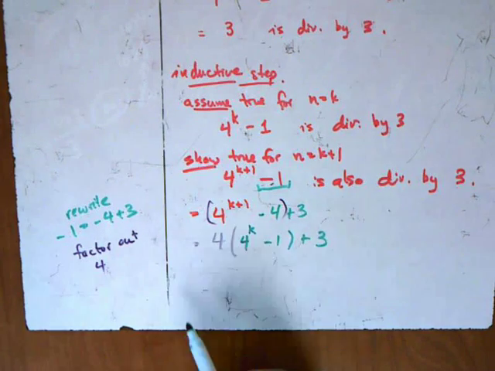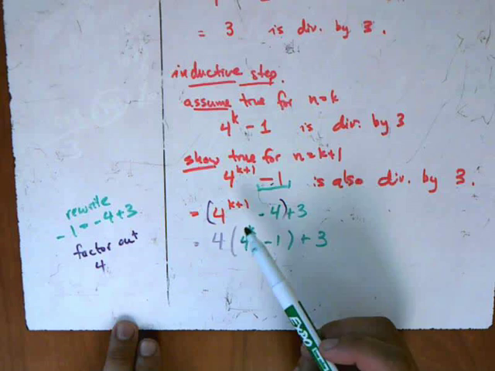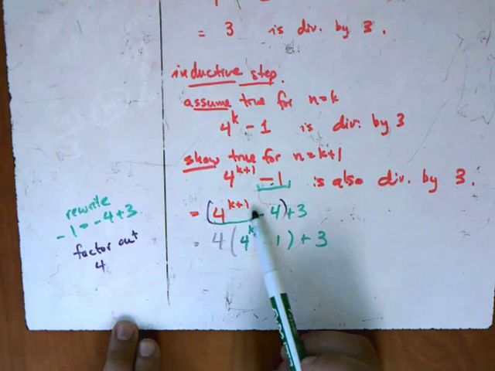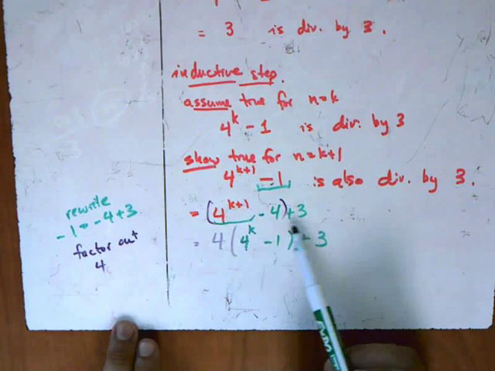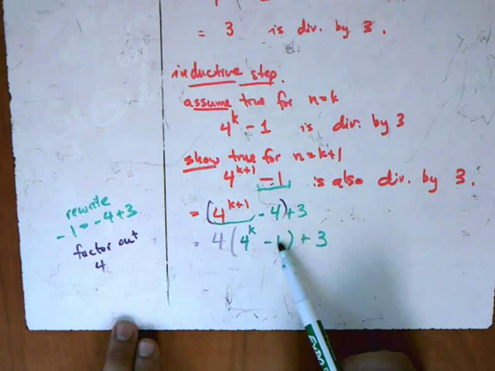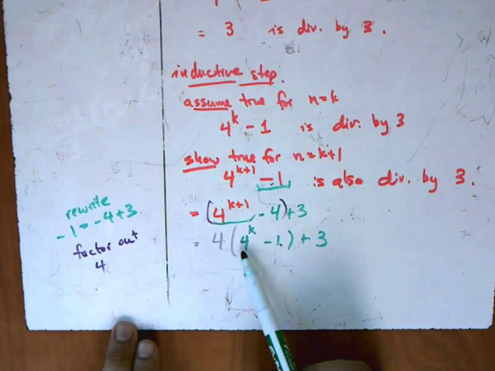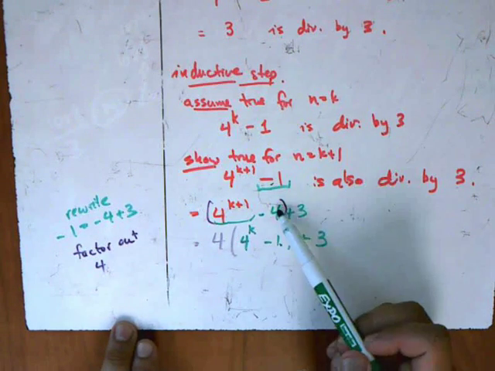Hopefully this didn't freak you out too much. All we're doing here is dividing this term by 4, so we lose one of the powers, and then we divide this one by 4, so this becomes negative 1. If you distribute it, you'll get back to the previous line.